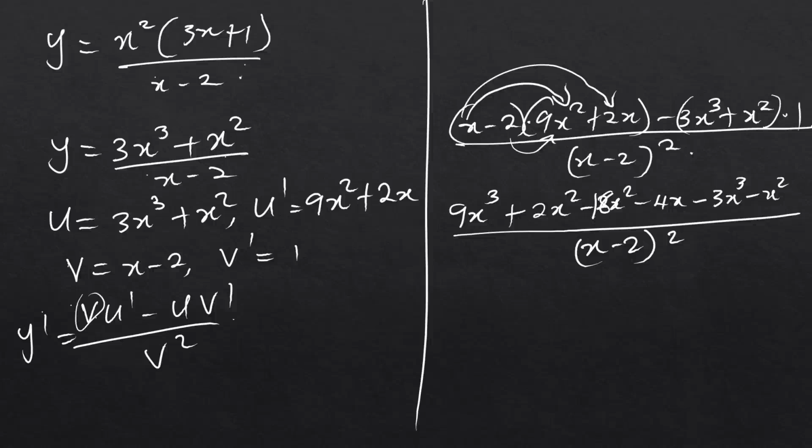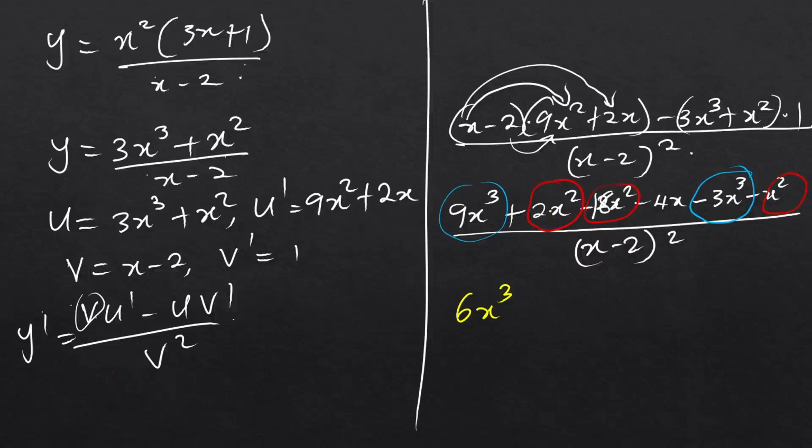Alright, so what I'm going to do is to clear what needs to be cleared, because this and this are like terms. While the ones with square, we go with the ones with square. So we are collecting like terms. That is the essence. So 9x cubed minus 3x cubed is going to be 6x cubed.